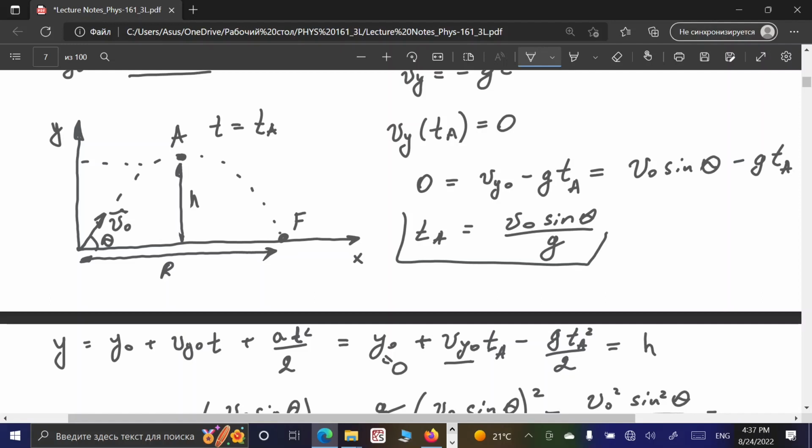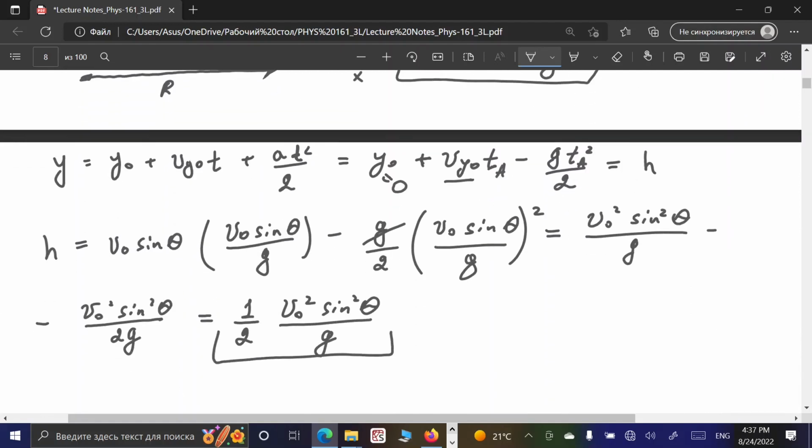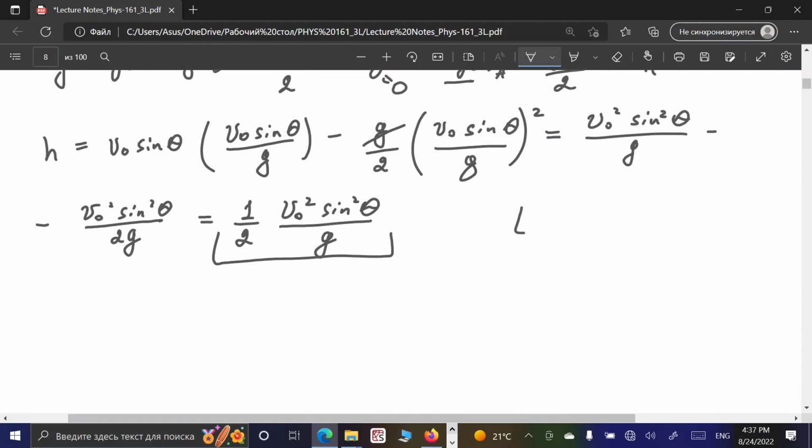So if we introduce some time tf, meaning the time when the projectile reaches the final point of the trajectory, that will be equal to ta times 2. So we will have a twice longer tf than ta.